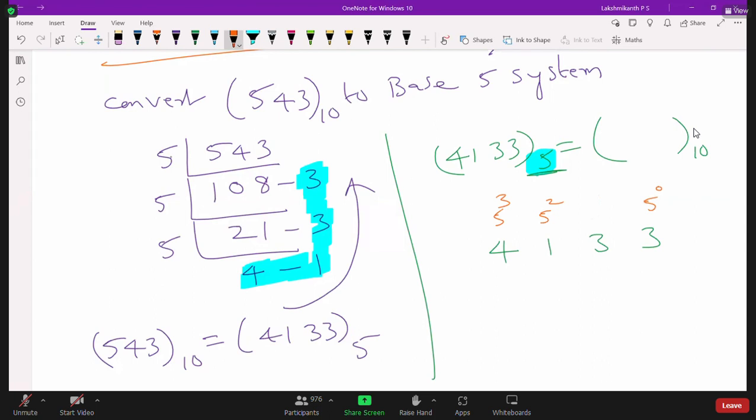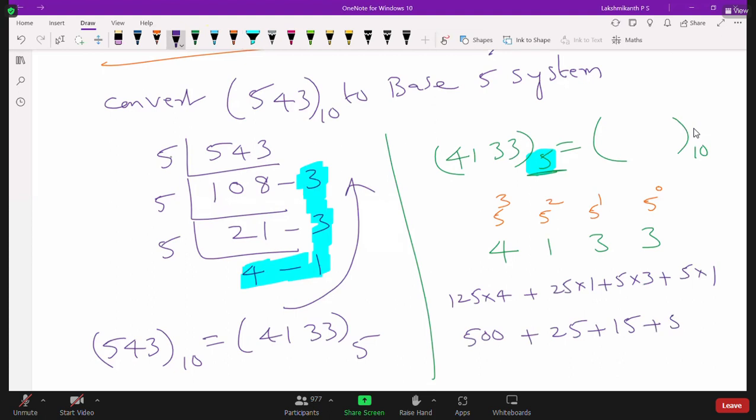Now 5 power 3 into 4 is 125 into 4, plus 25 into 1, plus 5 into 3, plus 5 into 1. Simplify: 125 into 4 is 500, plus 25 into 1 is 25, plus 15, plus 5.